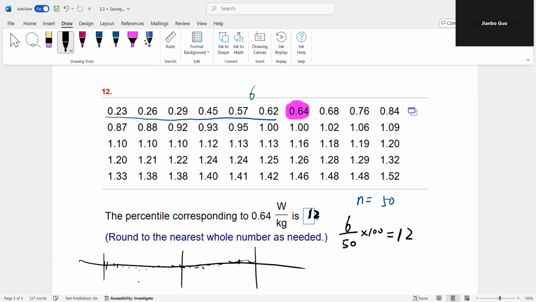And so we have 100 sections, right? And 0.64 is in the 12th percentile.